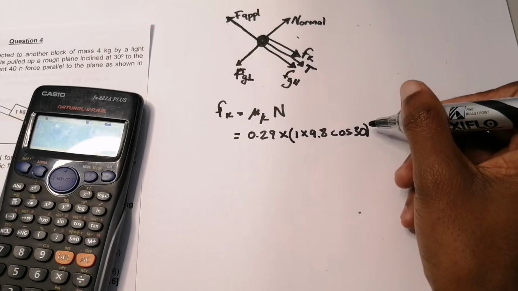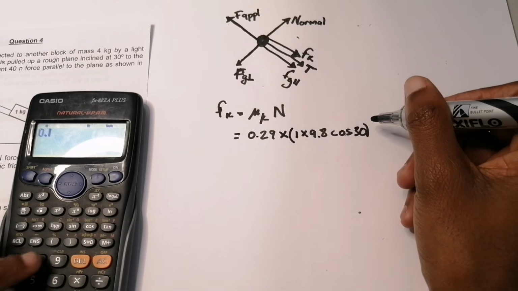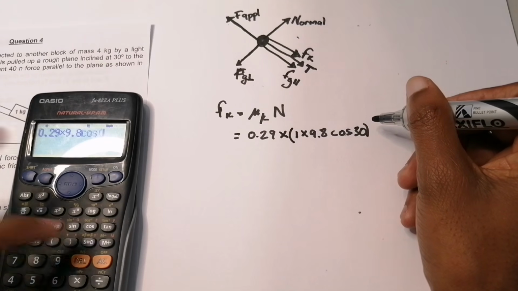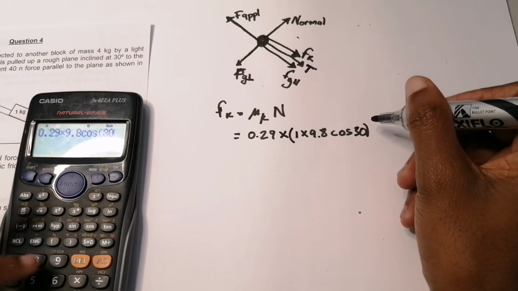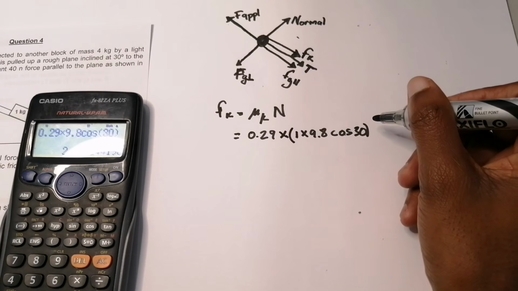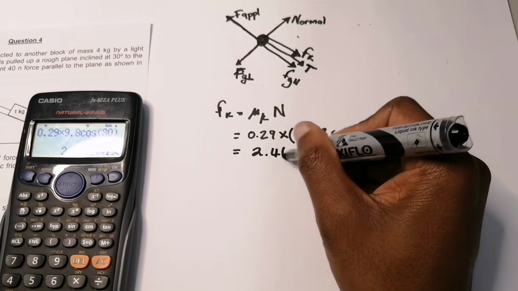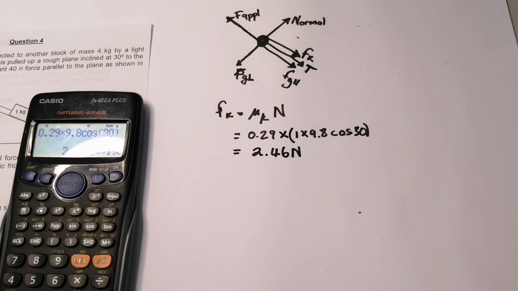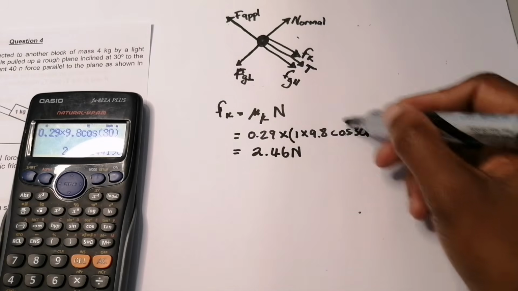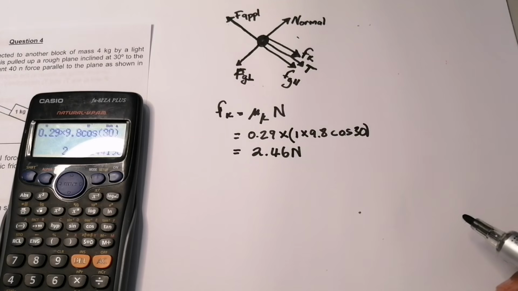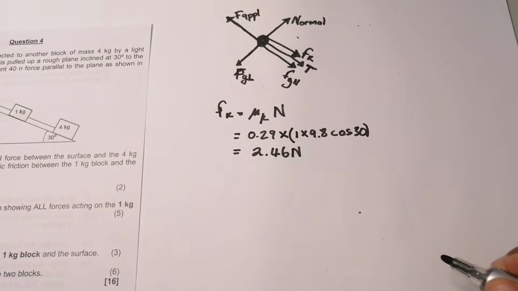Okay, I know you already have your calculators out, so that's 0.29 times 9.8 cos 30. And that gives me a frictional force value of 2.46 newtons. So keep in mind that normal force is equal to the perpendicular component of gravity, and when we calculate it, we simply say mg cos of the angle, and the angle of elevation is 30.